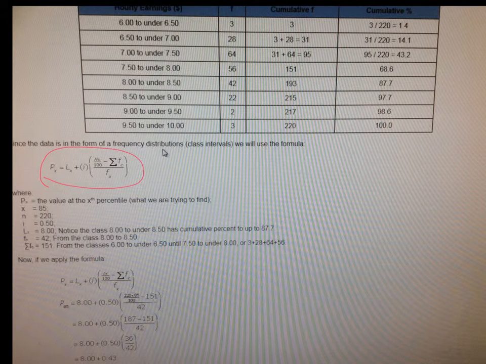And it tells you where it's getting all of these values from, and the cumulative frequency below the class containing the X percentile. In this case, that value is the 151, because this is the class or the interval that contains the percentile we're looking for, and so that's why we use the cumulative frequency from the row above.